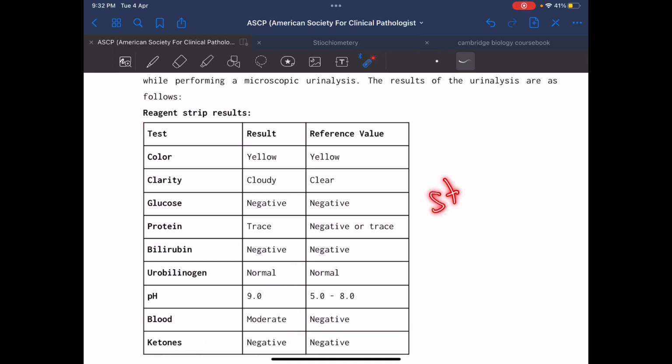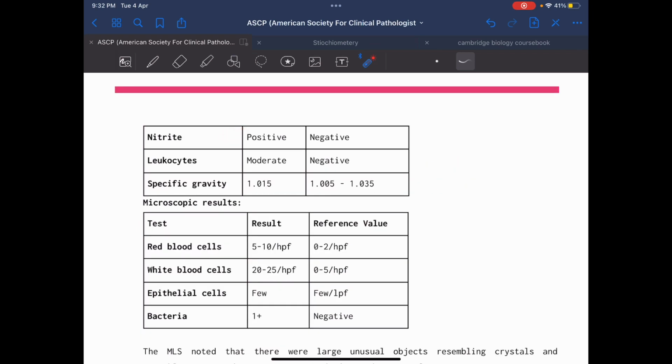And this is the urine strip. Nitrite positive, leukocyte moderate, and specific gravity 1.015. Microscopic result: RBCs 5 to 10, white blood cells 20 to 25, epithelial cells few, bacteria +1.